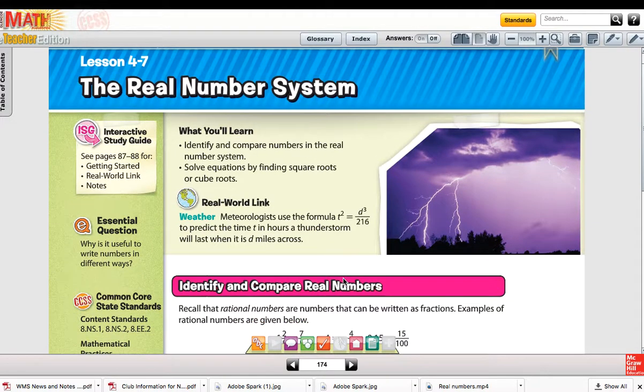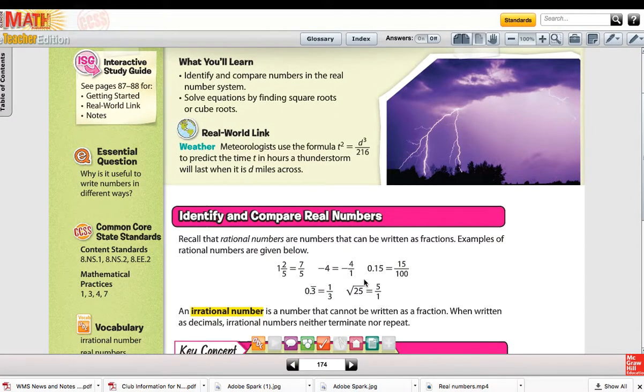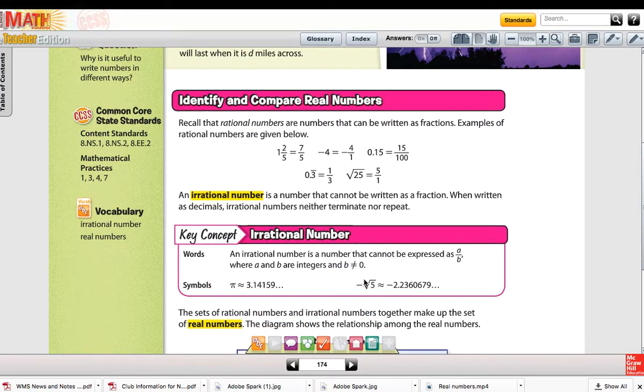So recall that rational numbers are numbers that can be written as fractions, and so we have a few examples there. And then we have irrational numbers that cannot be written as fractions. And when written as decimals, irrational numbers neither terminate nor repeat. And so it's kind of hard to even write those because the ellipsis will just mean that they go on and on forever with no repeating blocks of numbers.